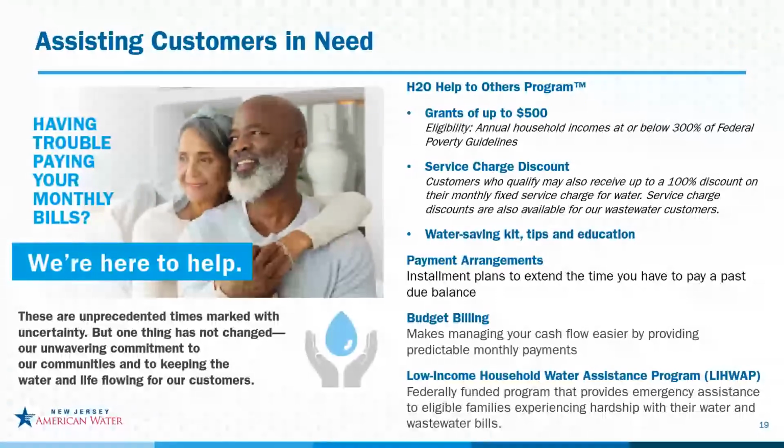The grants are available for up to $500, and customers who qualify can use the grant to help pay their water bill for indoor water use only. This would not apply to water for outdoor purposes such as sprinkler systems. Customers who qualify may also receive up to a 100% discount on their monthly fixed service charge for water. Service charge discounts are also available for our wastewater customers.